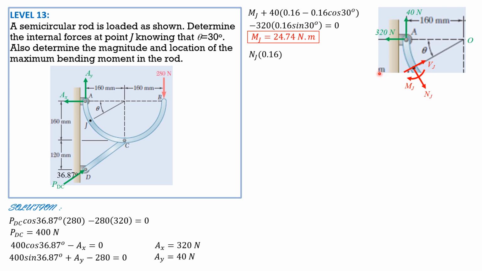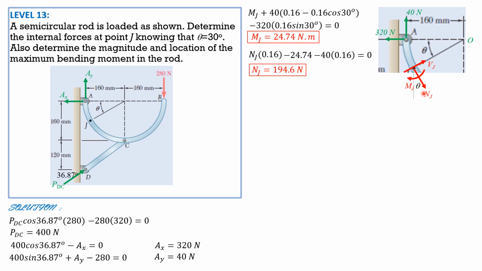The moment is clockwise, so minus 24.74, then minus 40 times 0.16 equals 0. So we can now solve for Nj. Nj is equal to 194.6 newtons.